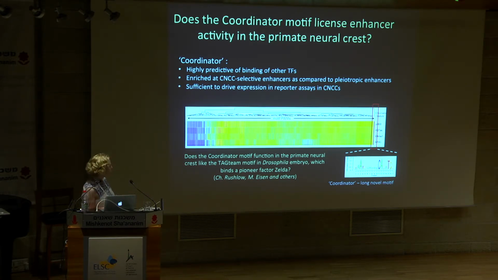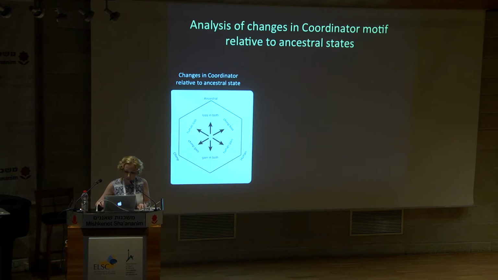So we think a compelling hypothesis here is that indeed a similar mechanism is operating in the context of the primate neural crest, and we're actively looking for the regulatory complex that binds coordinator. Recently, we convinced ourselves that it's actually not one factor, but probably a combination of two transcription factors, but we're still working on it.